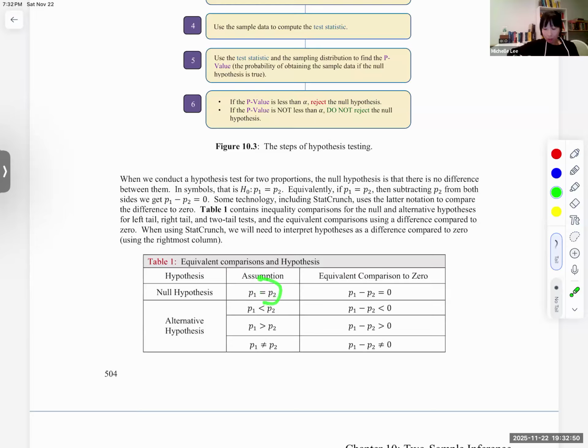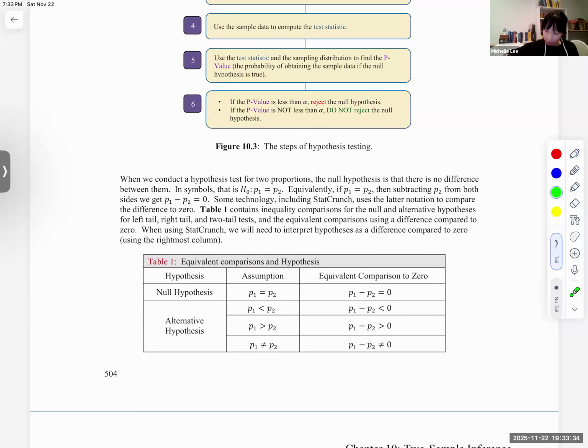Then we can express this with zero on the other side, that is, the difference equals 0. Now we have the alternative hypothesis. Normally we use an inequality: less than, greater than, or not equal to.